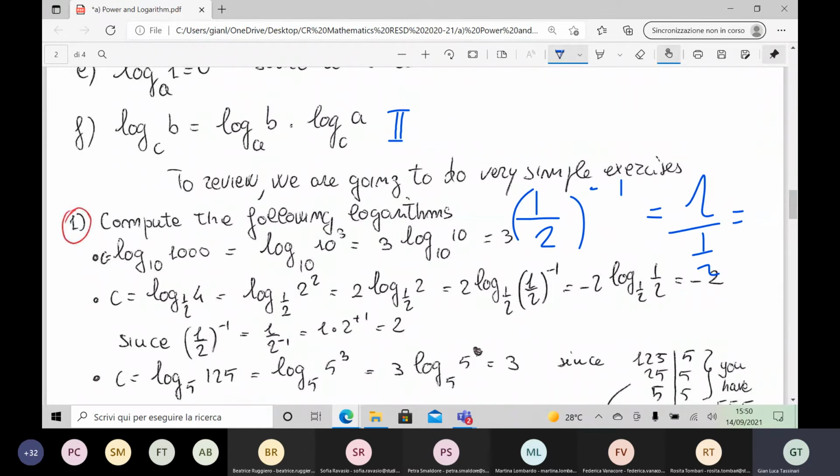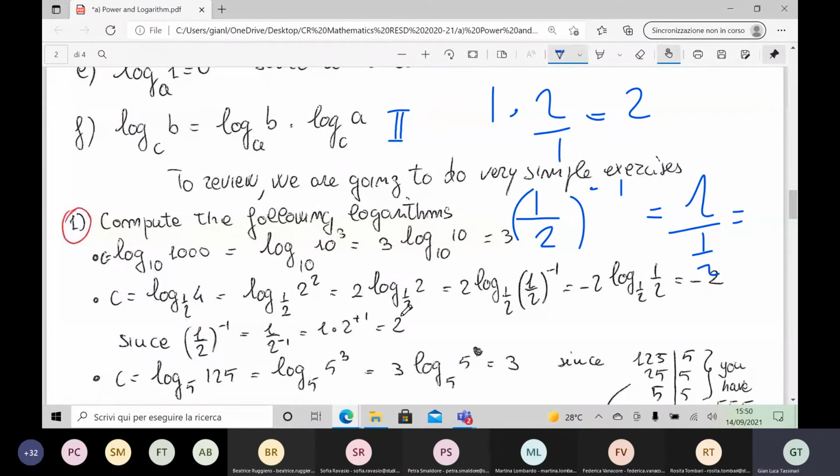So 1 times 2 over 1, which is 2. So another way to write 2 is by writing 1 over 2 to the minus 1.